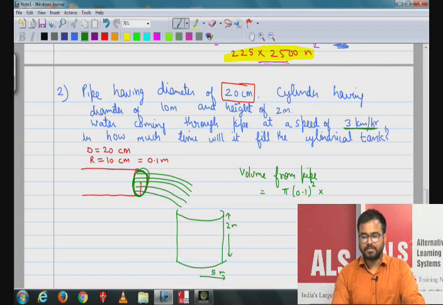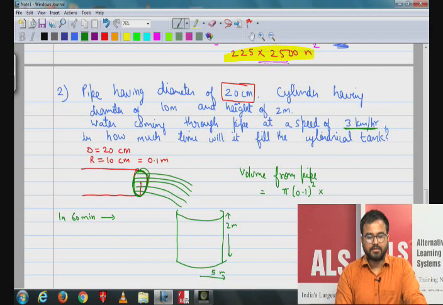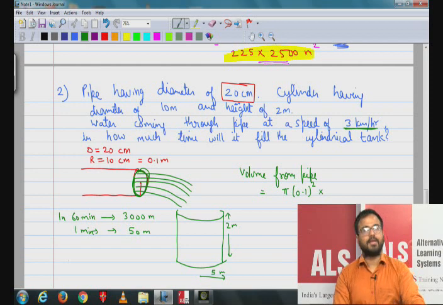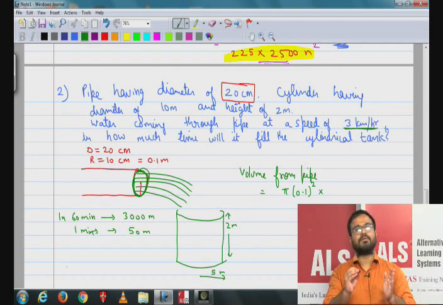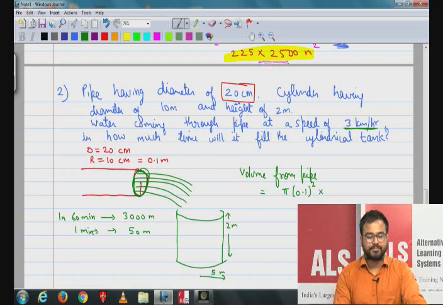So let us solve for the water speed over here. In 60 minutes, the length is 3000 meter. So in 1 minute, the length is 50 meter. Since we have figured out this much, let us say it takes t minutes to fill that tank.